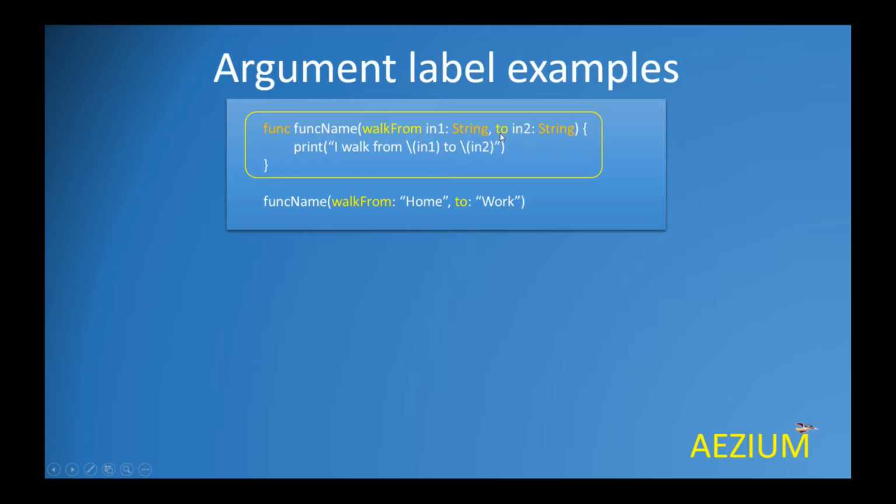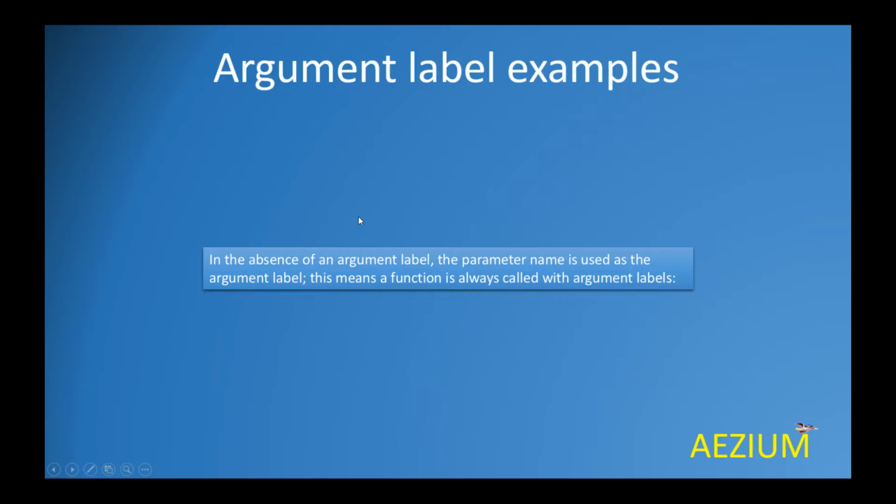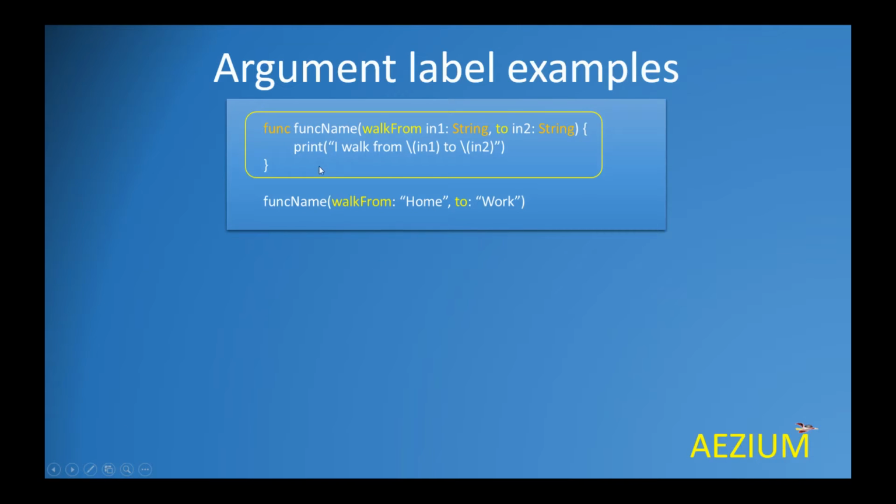If we did not have argument labels, we would use the parameter names. Now with the argument labels, we just mention those followed by colon, and then this is the input value, home and work. So as a result of this, the printout would read, I walk from home to work.